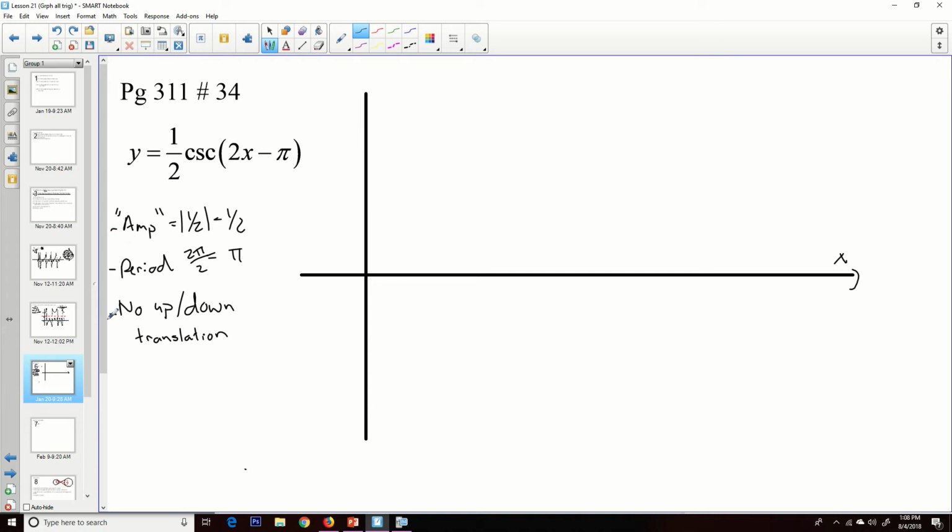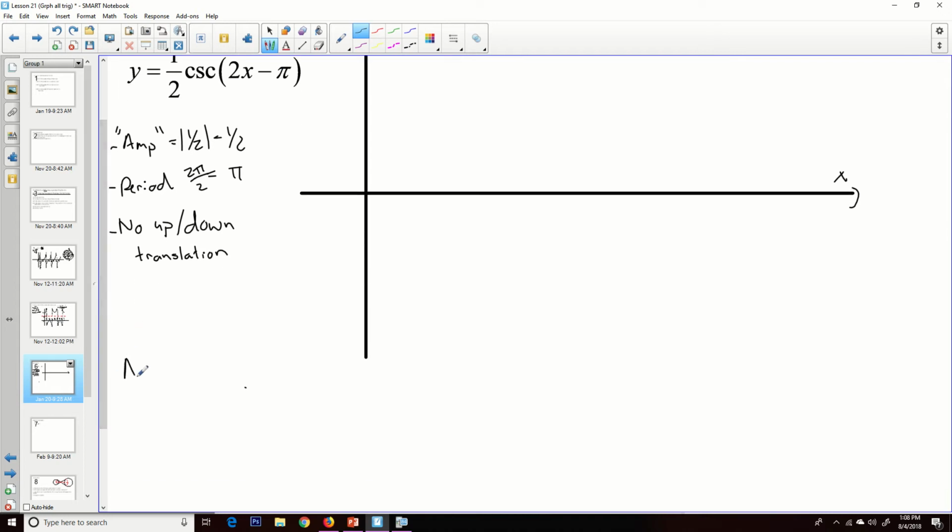All right, and because we have a c value that's other than 0, we're going to find new endpoints. So let's see here, I get 2x minus pi equaling 0 and 2x minus pi equaling 2 pi, the endpoints of the standard trig function.